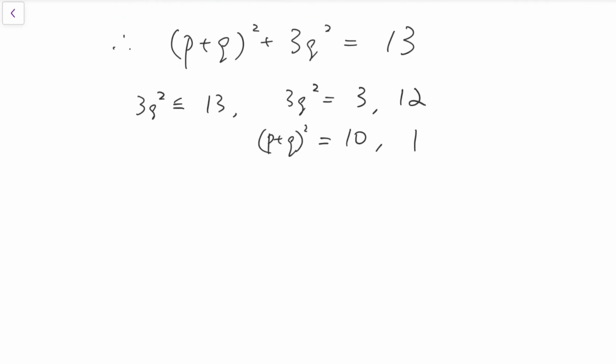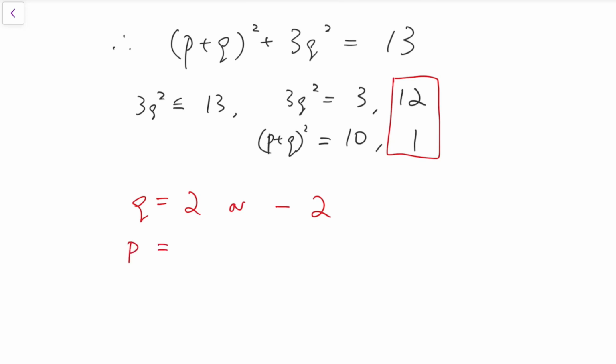Now for 3q squared equals 12, we have q equals 2 or minus 2. And then for p, we have (p plus q) squared equals 1, so p plus q is equal to 1 or minus 1. We can still have two possible solutions for each case of q.